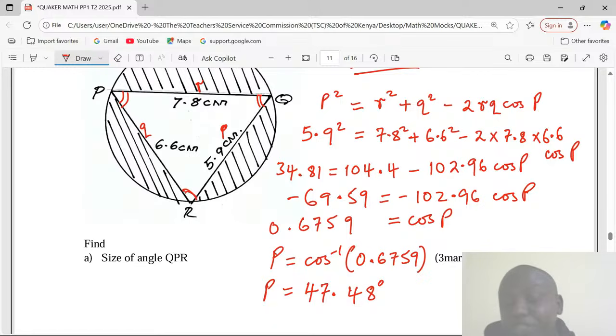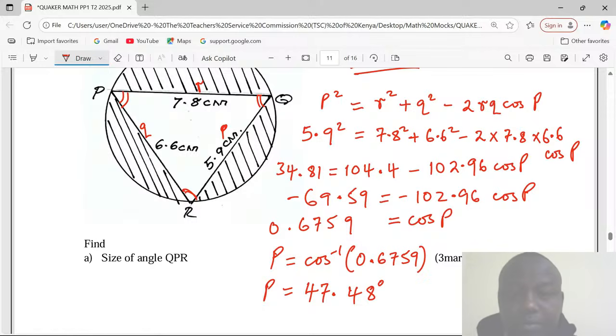So you are supposed to be in a position to remember the cosine rule. And if we cannot remember it, remember that it is in the mathematical tables. You can always refer there. That's why in most cases in math, we don't allocate marks for the formula, simply because some of the formulas are already provided in the math table.